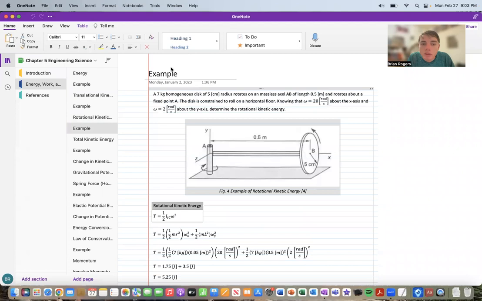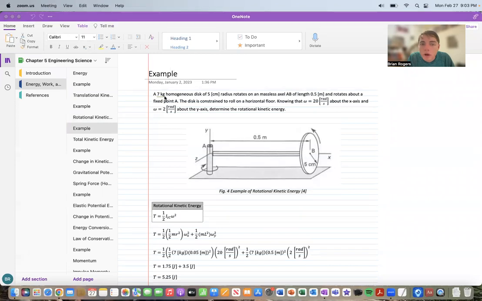So this example talks about a 7 kilogram homogeneous disk of 5 centimeters radius. And so right here, if we're looking at this disk, it has a 5 centimeters radius, rotates on a massless axle AB.